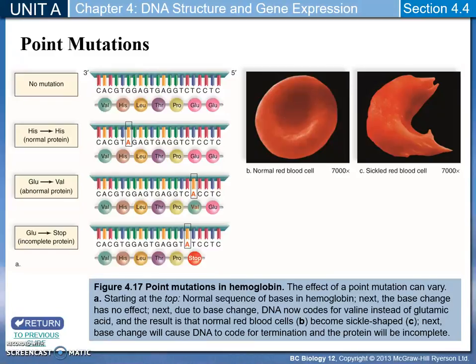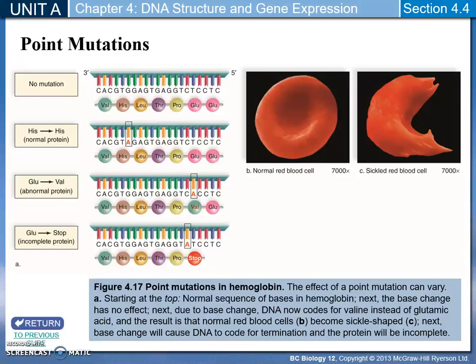In C, the base change will cause DNA to code for termination, and the protein will be incomplete. This results in a profound change in the red blood cells, and of course their effectiveness in being able to do the function that they normally do, which is to distribute oxygen throughout the body.